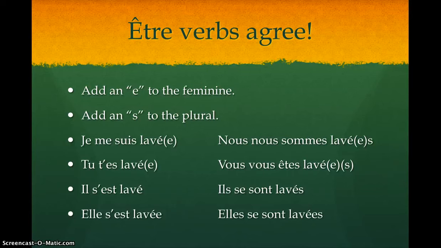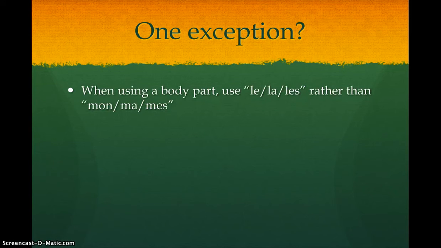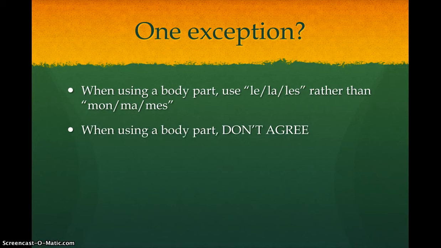You'll do more practice. One exception, well, not really. It's more of a rule. So you'll be glad to hear that because it doesn't change. When using a body part, even if you're washing your own body part, use le, la, or les rather than mon, ma, or mes. When using a body part, don't agree. Elle s'est lavé le visage.